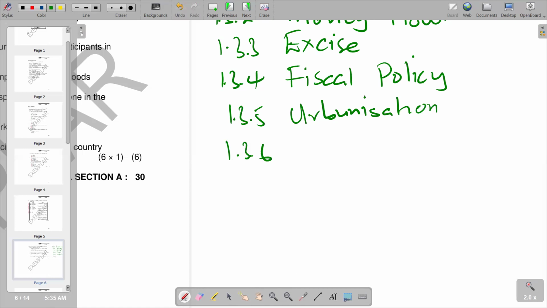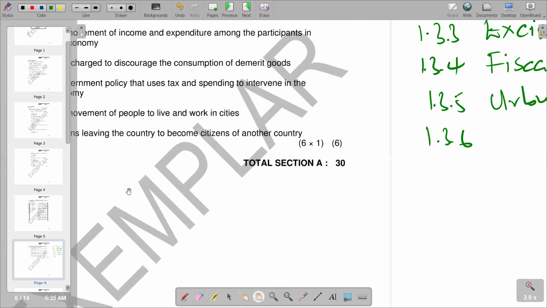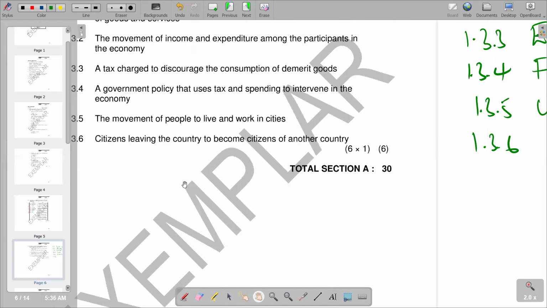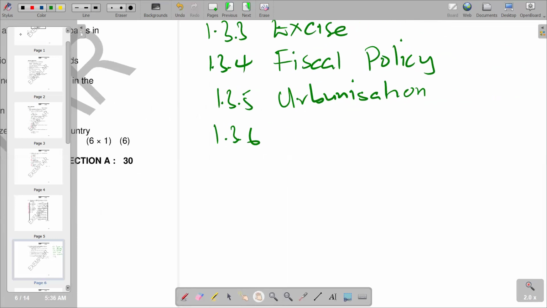Then obviously we have 1.3.6. Citizens leave the country to become citizens of another country. So from the point of view of the country where they are coming from, they are called emigrants. So we can represent emigrants as 1.3.6.